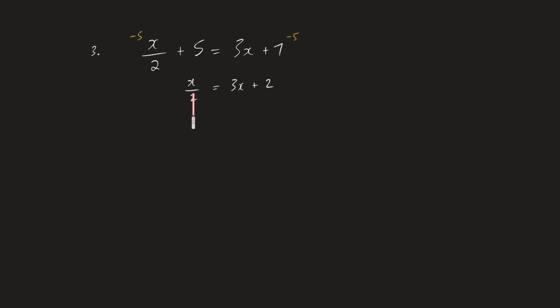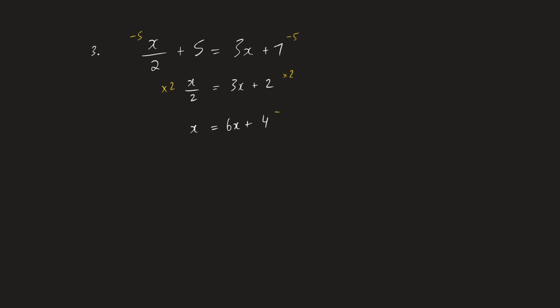Now, I want to get rid of this fraction, so I'm going to multiply both sides by 2. And you need to be careful here because I need to multiply every term on the right-hand side of the equals sign. So it's going to be 6x plus 4.